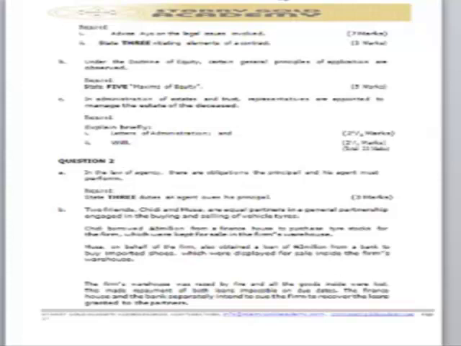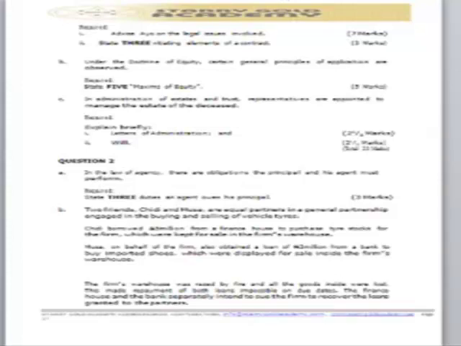The principle guiding unilateral mistake is that the court will not enforce a contract where one of the parties to that contract makes a mistake. One of the parties is the one making the mistake, so the other party is not making a mistake but wants to benefit from the mistake of the first party. That is what we call unilateral mistake.